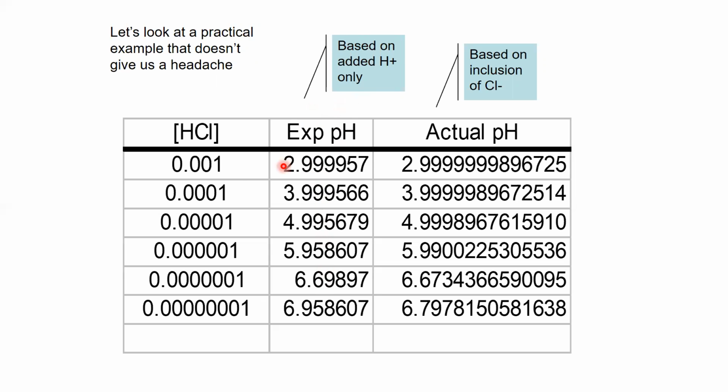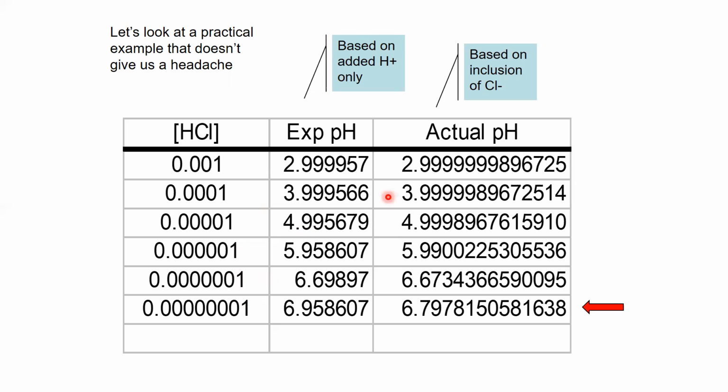And what are the rows? The rows are serial tenfold dilutions of HCl. And the bottom dilution is the one that is the closest to the concentration at physiologic pH.